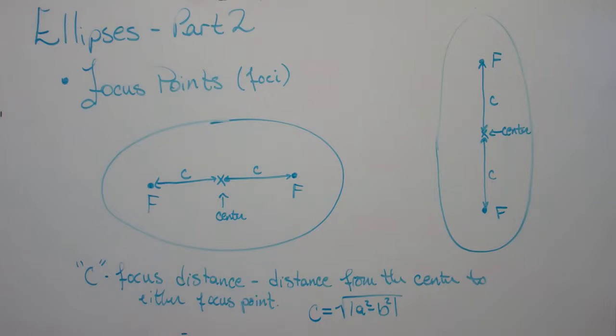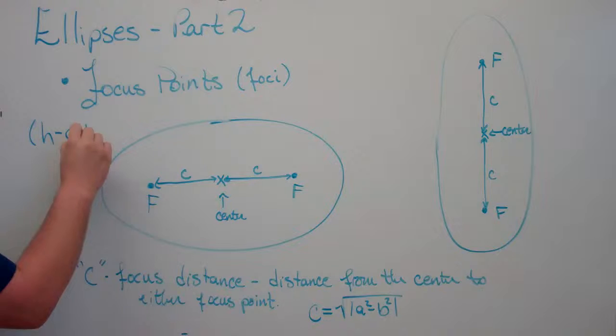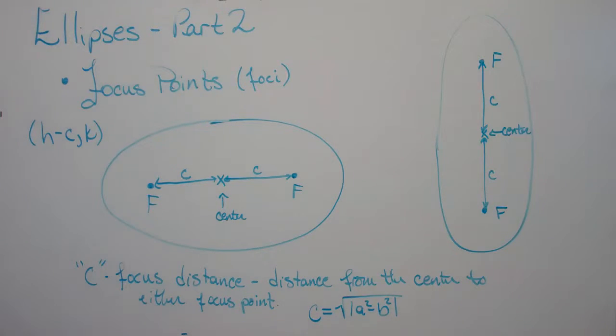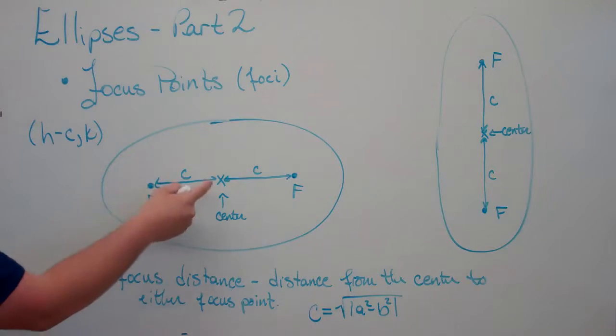So now in this example, when your ellipse is going left to right, to find these focus points, you would take your center, and it would be h minus c, k. Remember, hk is your center point? So hk would give you this point.